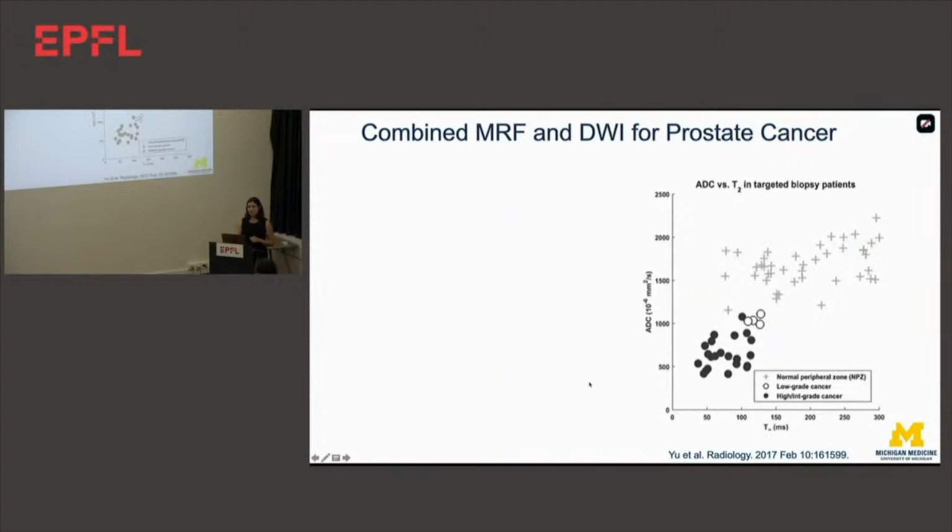If we look at these measurements, we see that in patients where this was just the normal peripheral zone, there was no cancer, all of these measurements were much higher than in patients where there was cancer discovered. Even though we weren't quite powered to do this, we think it may even be possible to pull out those patients with low-grade cancer from those with high and intermediate-grade cancer.